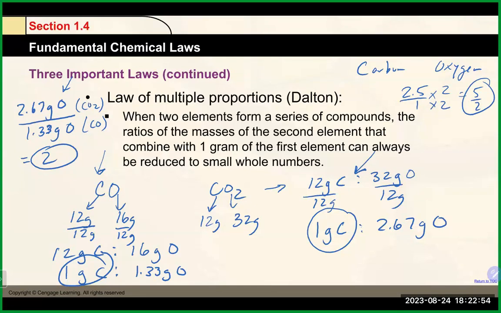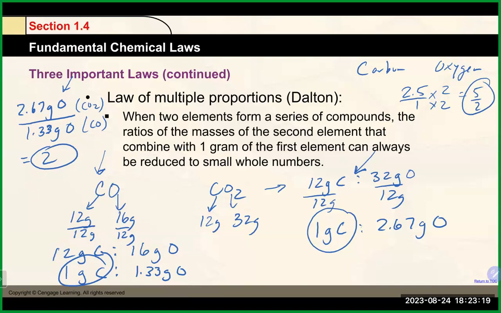So if you come across a problem like this, you may not get a nice, pretty whole number when you do that, and you can adjust it by figuring out what you can multiply both by to end up with a whole number. That comes down to something you're probably familiar with, that came out a bit later on: the idea that you can't have a half atom, right?